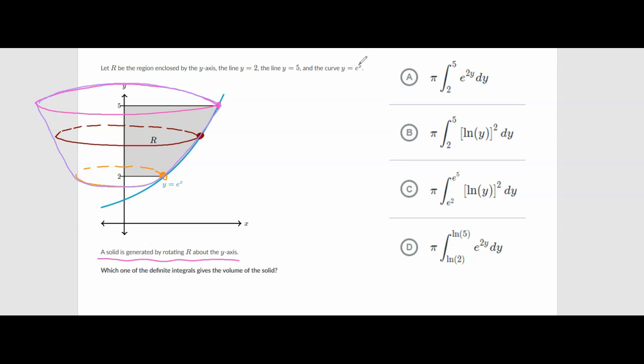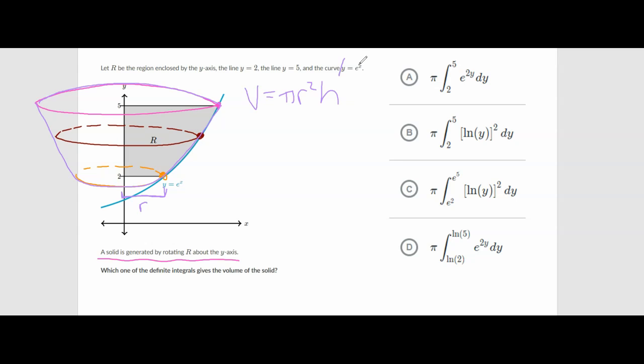As always, we are getting a slice that is a little mini cylinder, right, with an infinitely small depth. So the volume of one of these slices is going to be pi r squared times h. Well, the radius this time is the distance between the function or the curve and the y-axis. So we want our function to be in terms of y, not x.